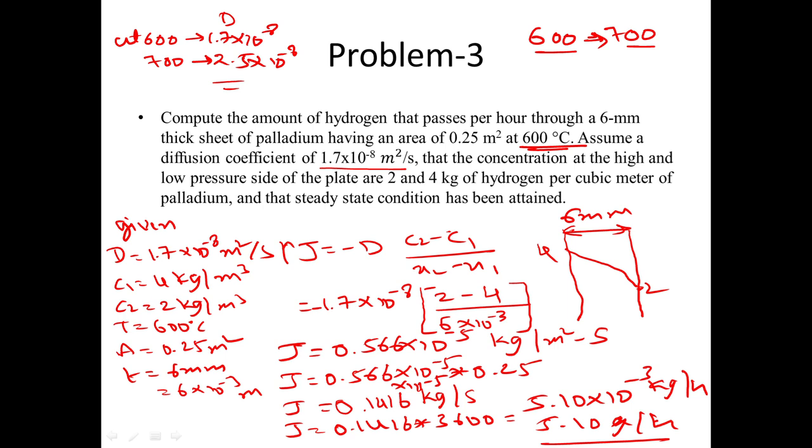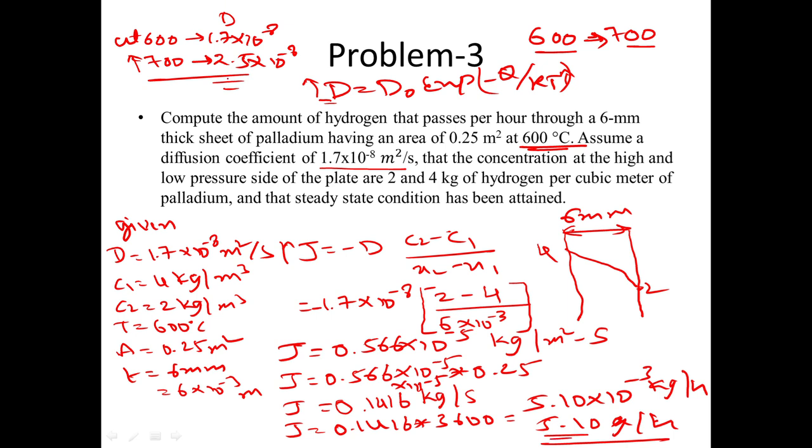Because the thermal activation energy is increased, the D value should also increase from the relation D equals D naught into exponential of minus Q by RT. So if you increase the T value here, the D value must increase. That's why the diffusion is also increased.